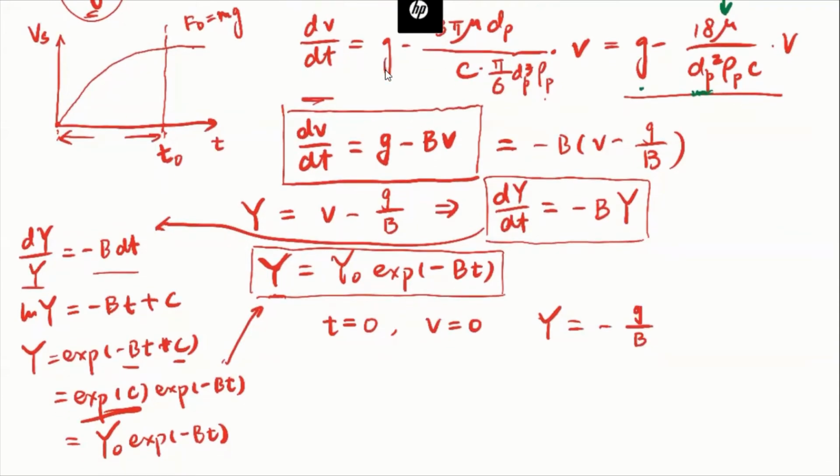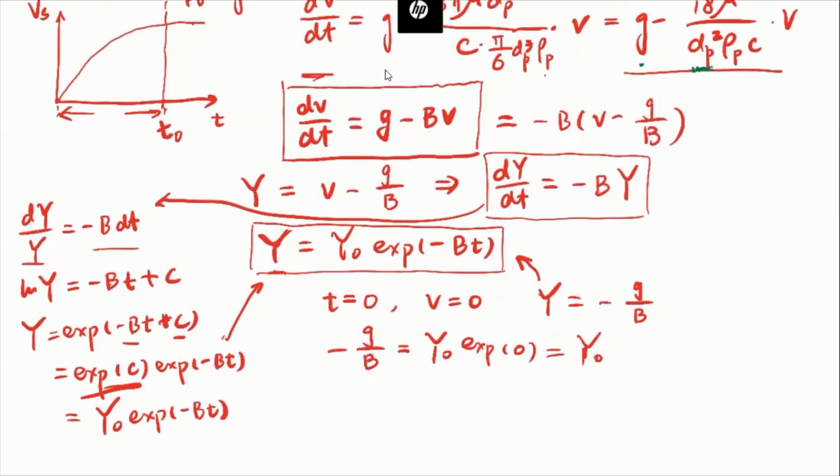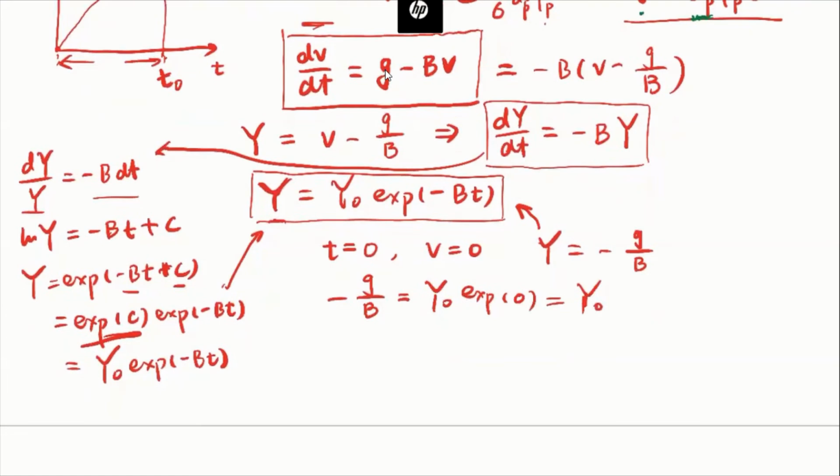If you plug this condition in here, you have minus g over b equal to y0 exponential 0, which is going to be y0. So now we have y equal to minus g over b exponential minus bt.